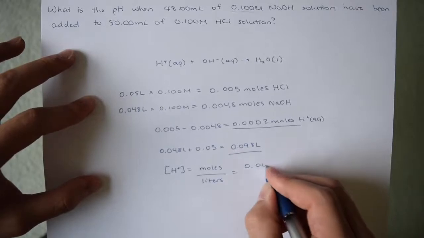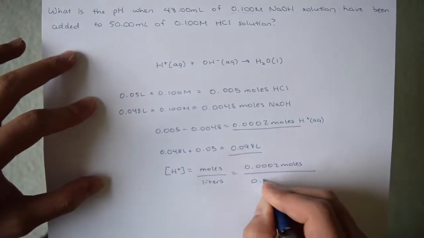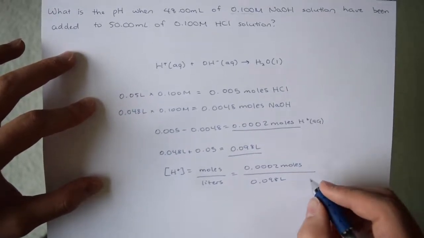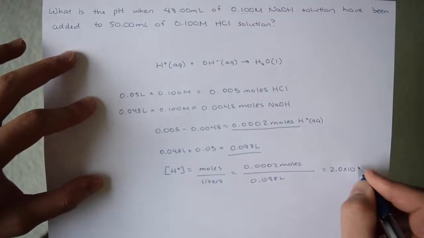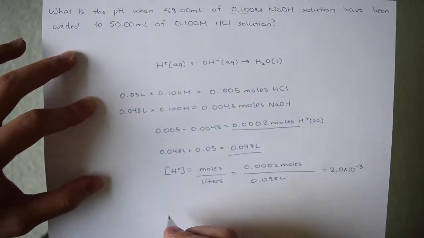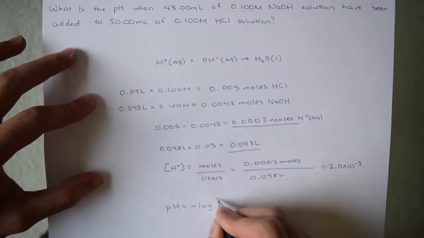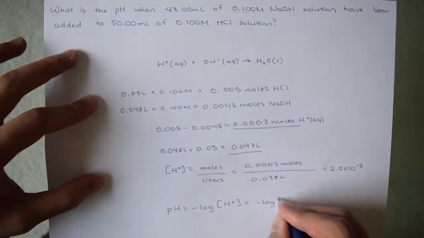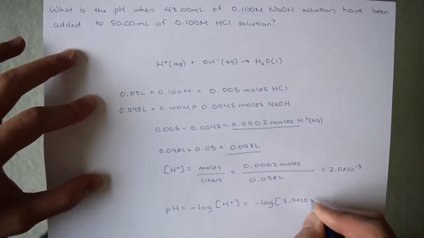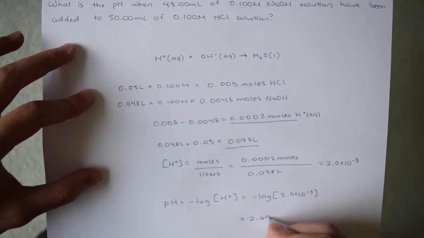So we put this here over 0.098 liters, and this would equal 2.0 times 10 to the negative 3. And to find the pH, as we have shown you before, we would use this equation and plug in 2.0 times 10 to the negative 3, and the pH would be 2.69.